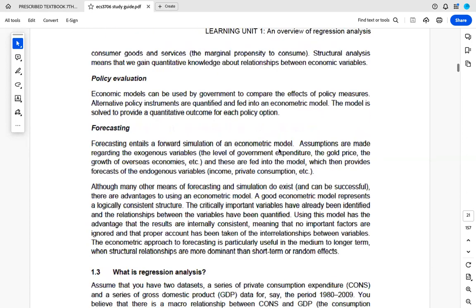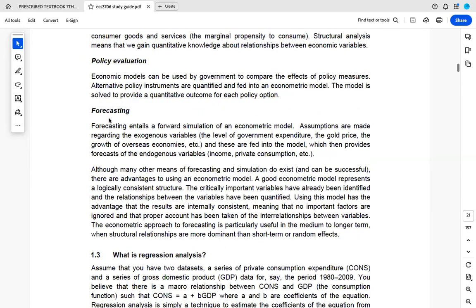So we've already had one of the most important uses of econometric models, which is forecasting, like trying to predict. We can look at GDP for the last 20 years and say, what's the GDP going to be maybe 5 years from now, right? So we can come up with an economic theory: GDP depends on interest rates, depends on the difference between imports versus exports, all those things, right?